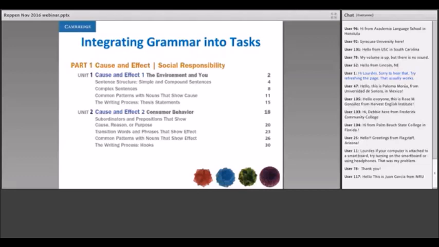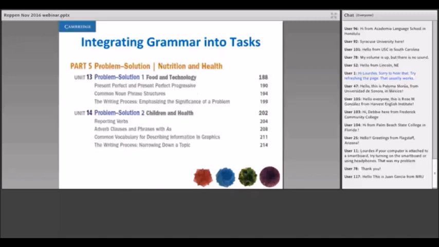So here, what I want us to think about is looking at, say, cause and effect, and looking at how we can use suites of grammar, and how we do use suites of grammar to accomplish that. So when we're doing something with cause and effect, we have certain nouns that we're using. We use certain transition words that show effect. We have subordinators and prepositions, and all of these grammar features work together like a fine-tuned machine to help us write a cause and effect paper.